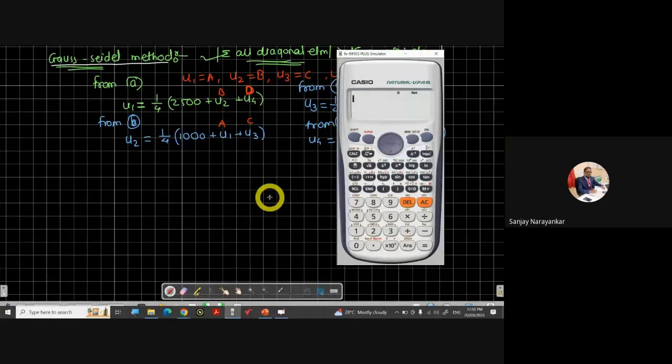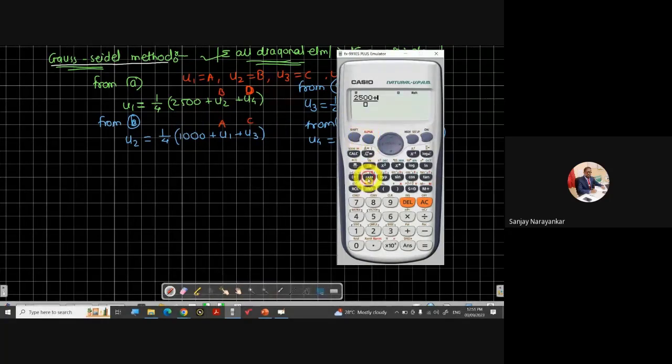So I have to write that equation in the calculator. See, students. You have to write an equation for U1. U1 is what? 1 by 4. So I'll write here, is it visible? The calculator is visible to all of you? 2500 plus, U2 is what?